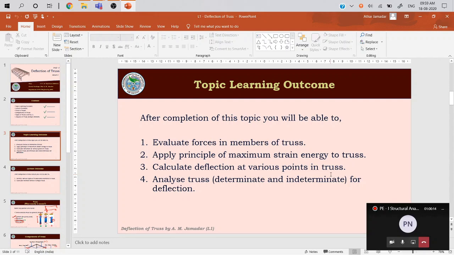This is nothing but the outcome of application of maximum strain energy. Then I think you are able to calculate deflection at various points in trusses. With this we have also seen and analyzed truss for determinate and indeterminate truss for deflection. So after completion of this particular lecture topic, you are able to do all of these things.